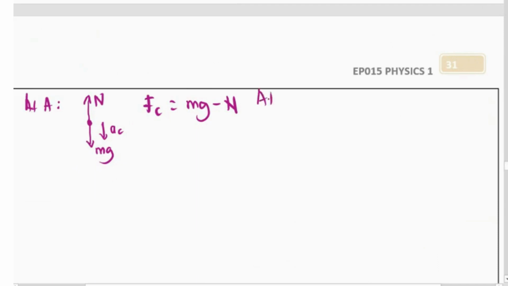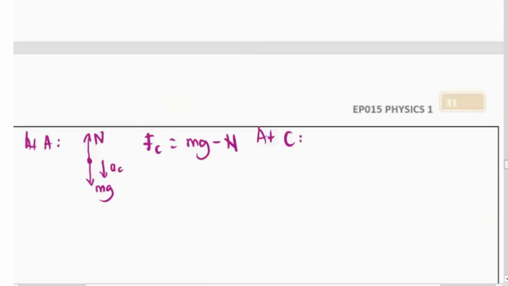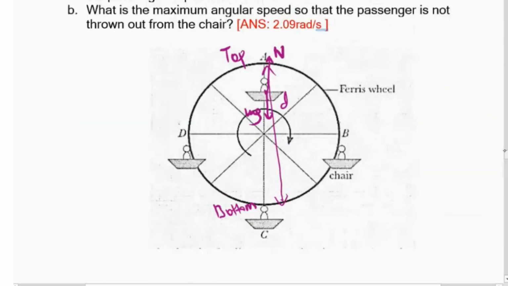And at the bottom of the wheel at C, let me go back to the picture. Here at the bottom part, it also has weight pointing down and the person is still sitting on the chair. It doesn't tilt downward, so the normal is still pointing upward.